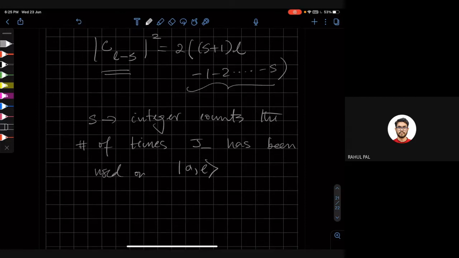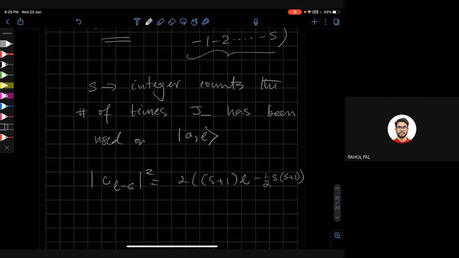Now, this is also an arithmetic series. So you can do the arithmetic series and you find |C_{L-S}|^2 is 2 times S plus 1 times L minus half, which is the sum of the arithmetic series, times S plus 1. Or you can simplify it to S plus 1 times 2L minus S. Okay?